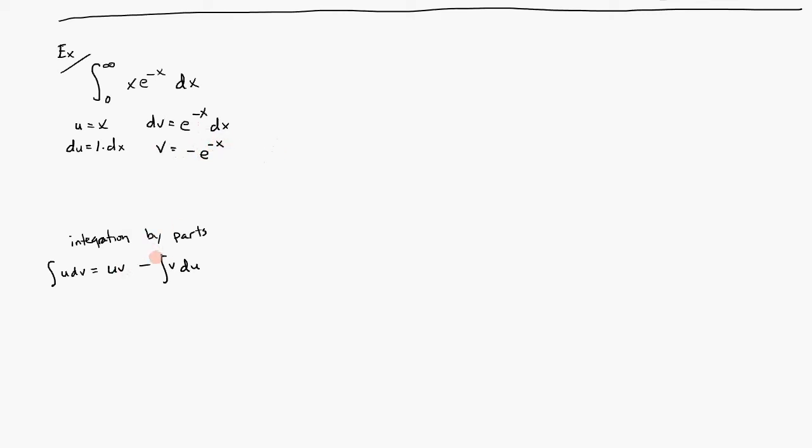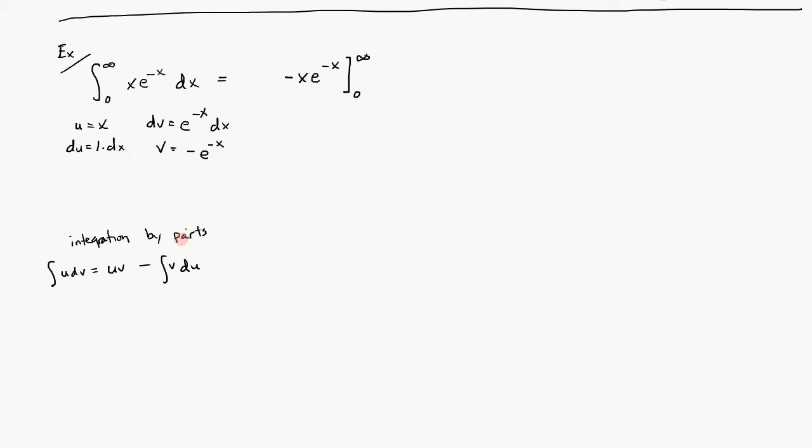Okay, so now let's write it out. So u times v would be minus x e to the minus x. I'm going to cheat a little bit and write this part as 0 to infinity. I'll introduce the limits later.